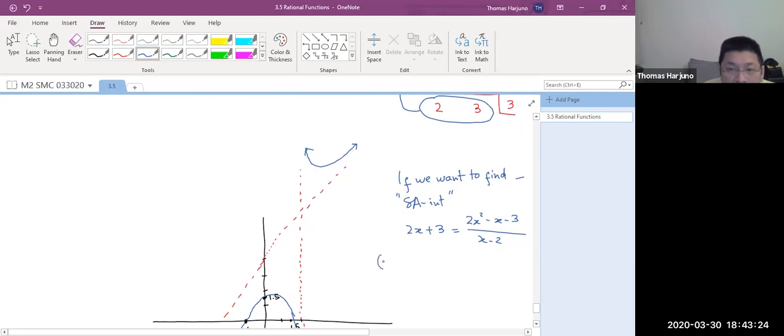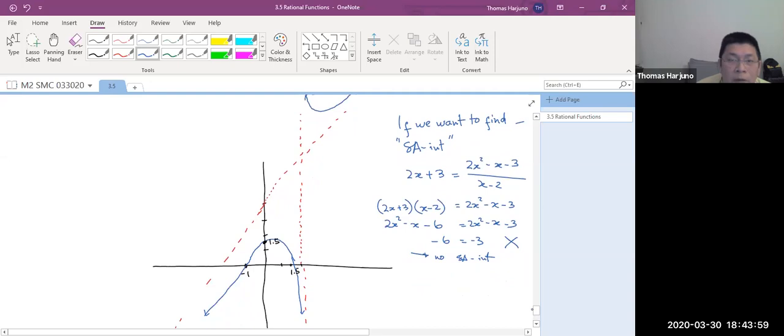I don't think there is any, but you never know. When I FOIL this, I get 2x squared minus x minus 6 equals 2x squared minus x minus 3. I get negative x equals negative 3, which is a contradiction. So no slant asymptote intercept.